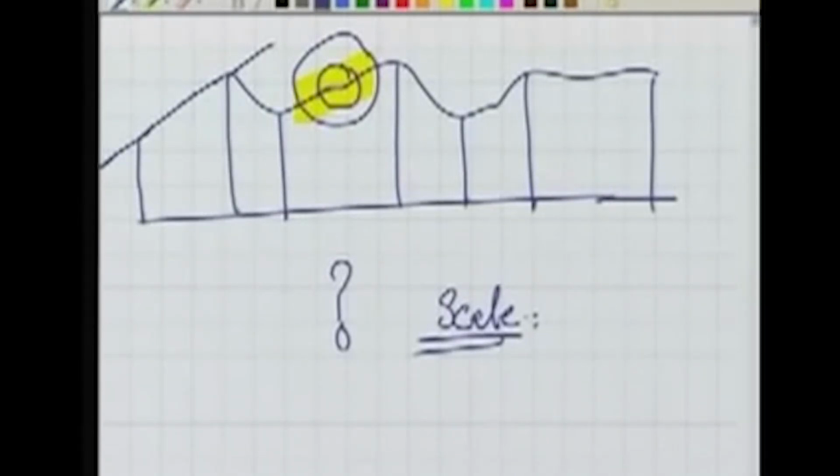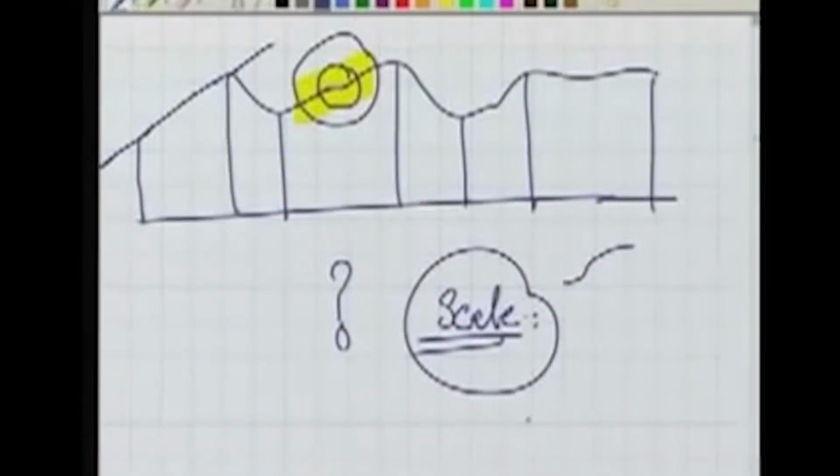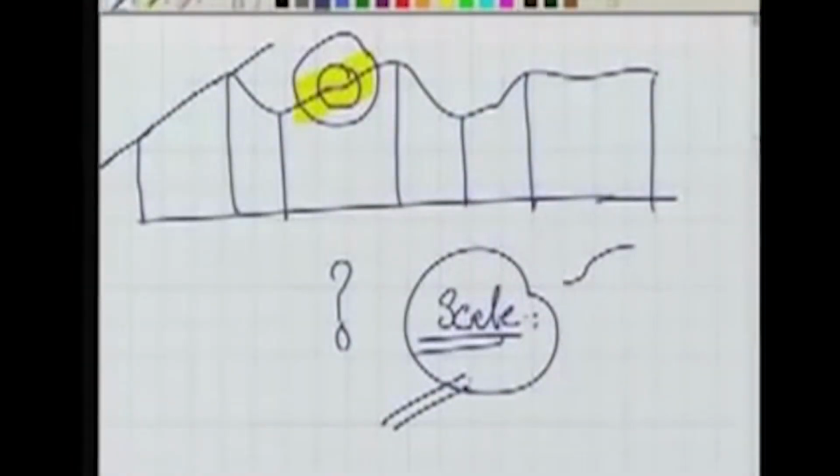Can this little variation appear in the map at a particular scale? That is the question. If this little variation here, which is highlighted, will not appear in the map at this map scale, there is no use of taking offsets over here.